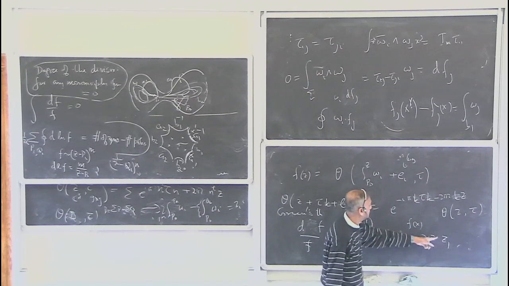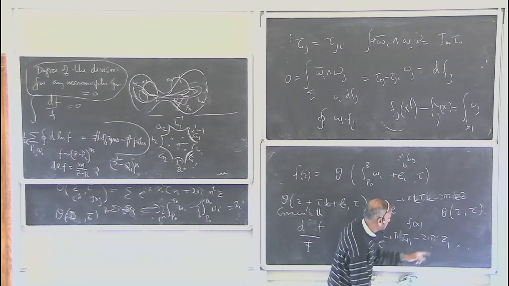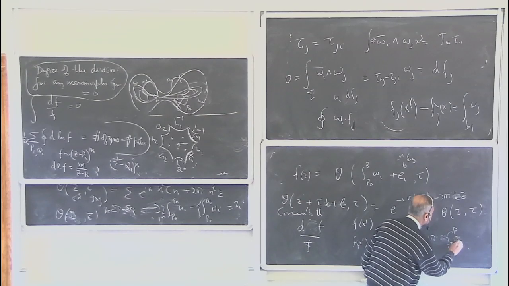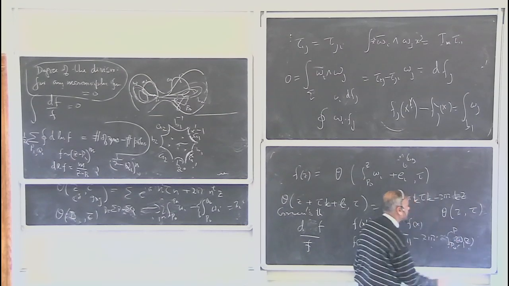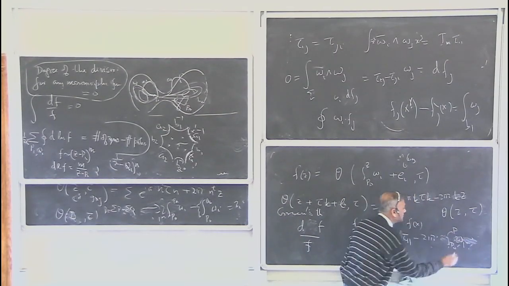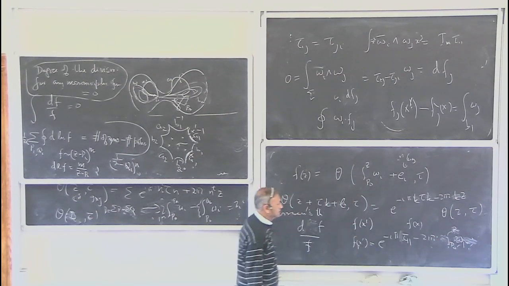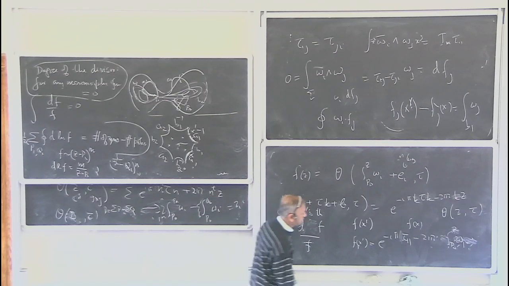Z1 meaning this is the same as the integral from P naught to z of omega 1. Sorry, I'm getting confused here. So you pick up that piece times f of x.